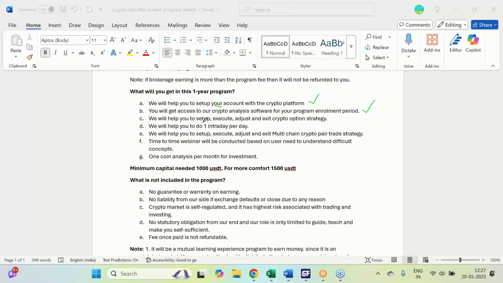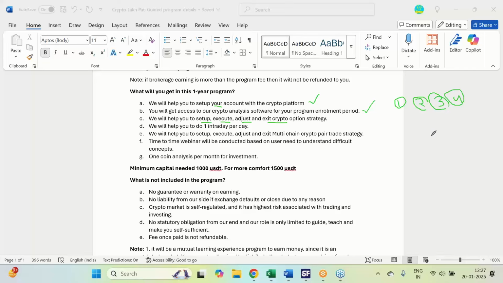Third, we will help you set up, execute, adjust and exit crypto option strategies. You will be given a time frame every day, 3 to 5 times. Like the strategy you have seen, you can initiate similar strategies based on your risk profiling.